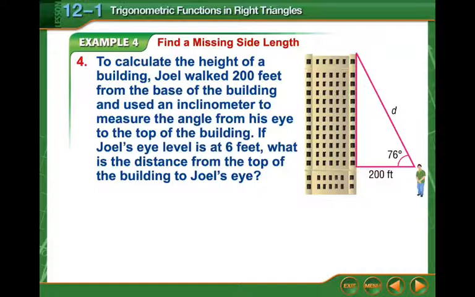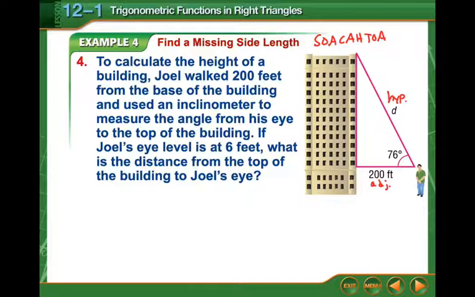So we have our angle. We have the adjacent side to it. We are looking for the hypotenuse of it. So again, SOHCAHTOA, I'm going to write it up top here. We have the adjacent side. And we have the hypotenuse.